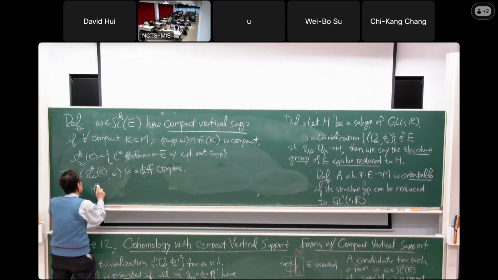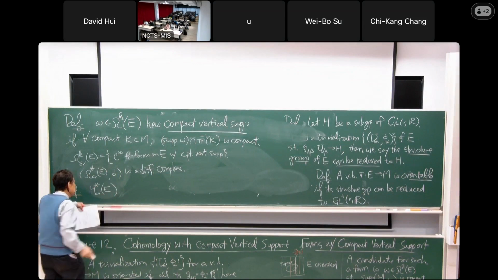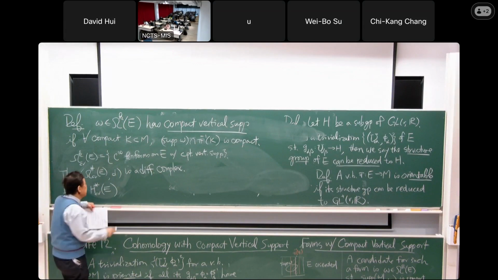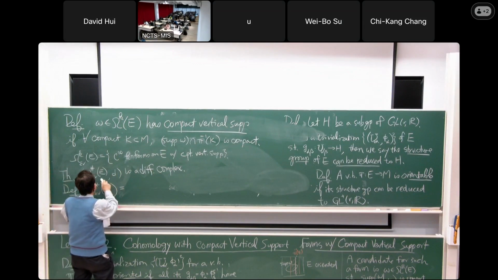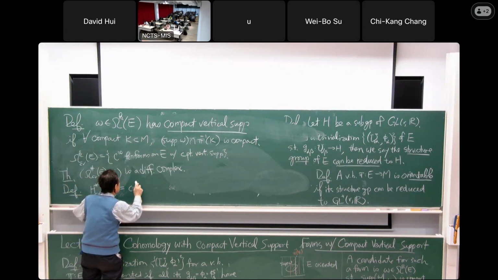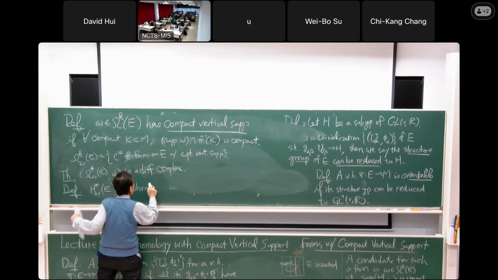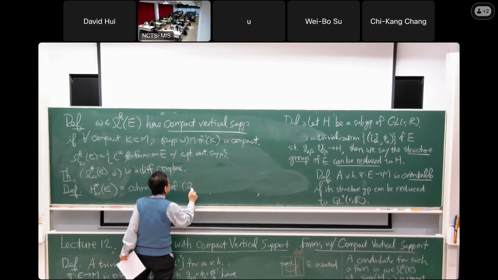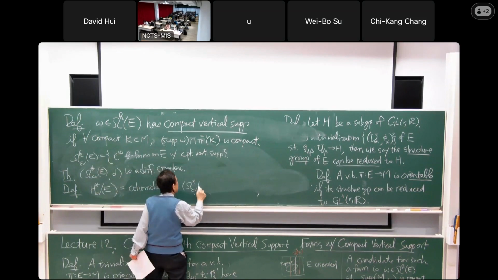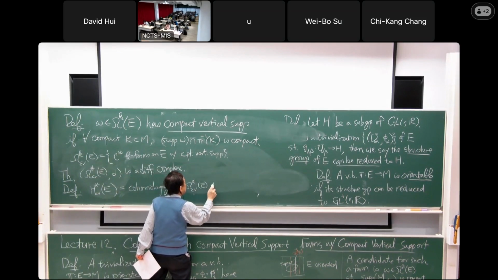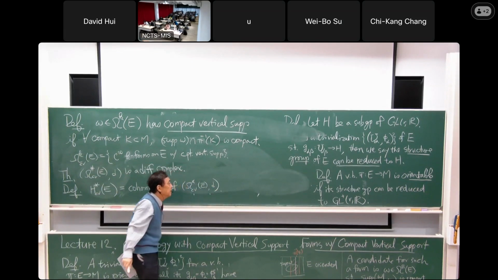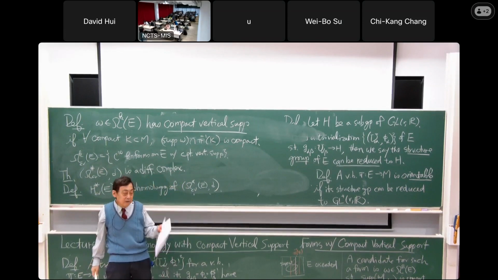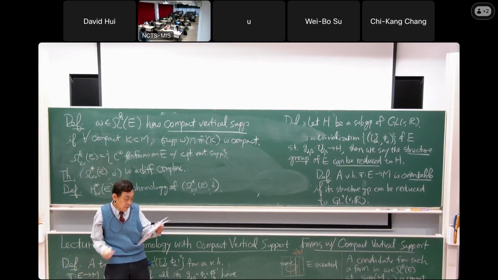So we define the cohomology of E with compact vertical support to be the cohomology of this differential complex. Okay, so that gives us a new kind of cohomology.